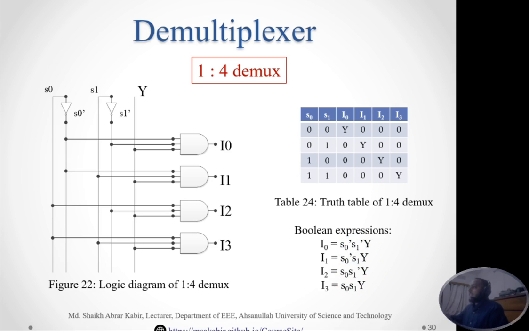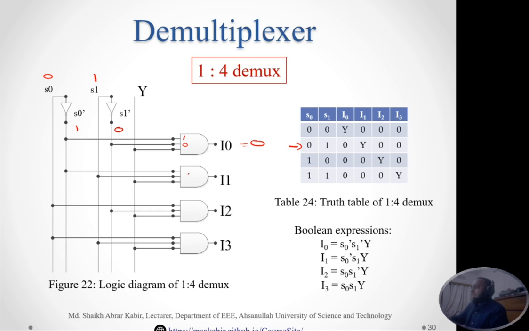This is the logic diagram of 1:4 demux. So when our pattern is 0 1, then our S0 is 0, S1 is 1, so we will get S0 prime as 1, S1 prime as 0. For our first AND gate, we will get the inputs as 1 0, so our output will be 0.